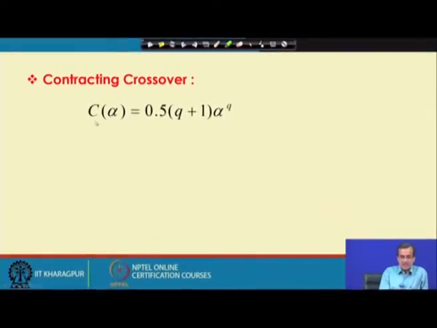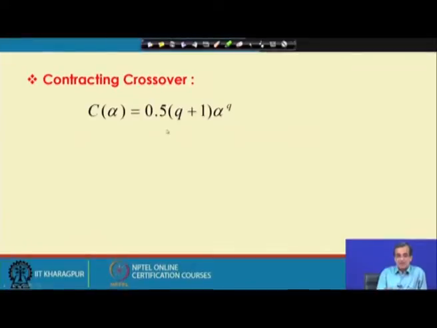Now, this is the mathematical expression which we generally use for the contracting crossover, that is C alpha is nothing but 0.5 into q plus 1 into alpha raised to the power q. Here alpha is the spread factor and q is nothing but a positive exponent.